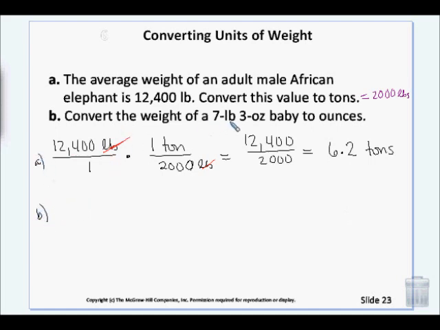Converting the weight of a 7-pound, 3-ounce baby to ounces. Well, I already have 3 ounces, right? That's already ounces, so I just need to convert the 7 pounds.